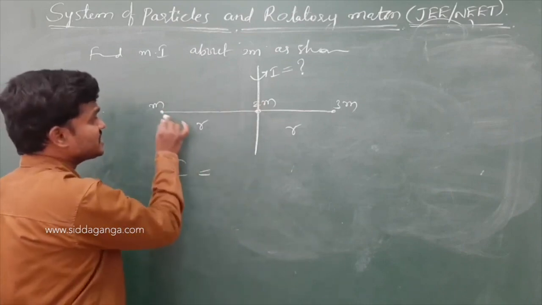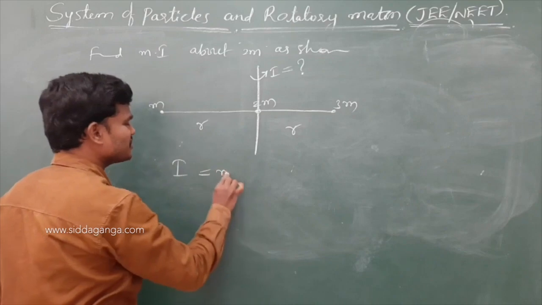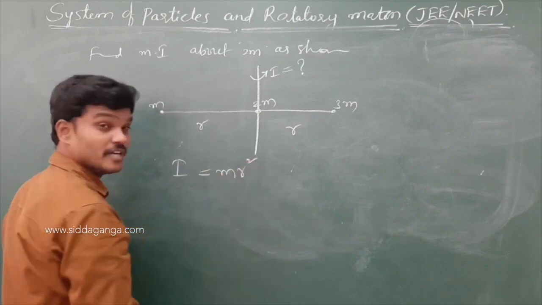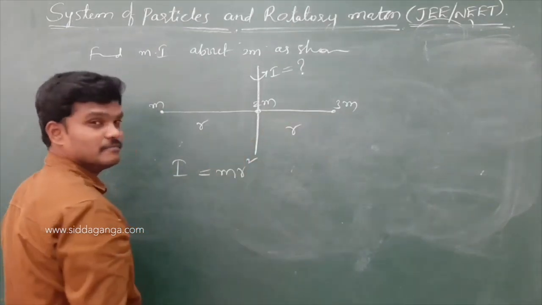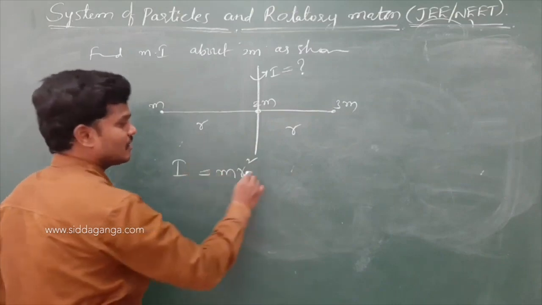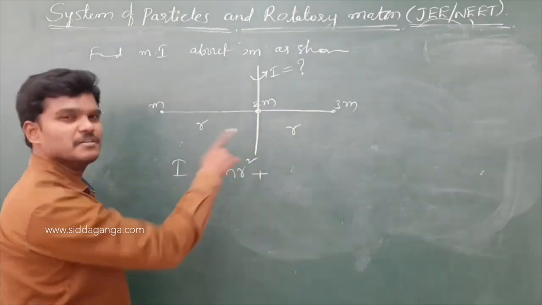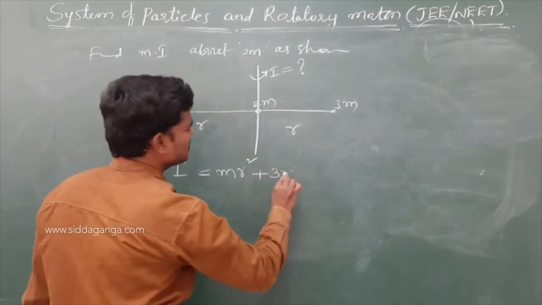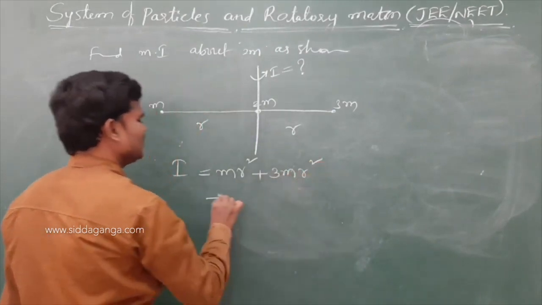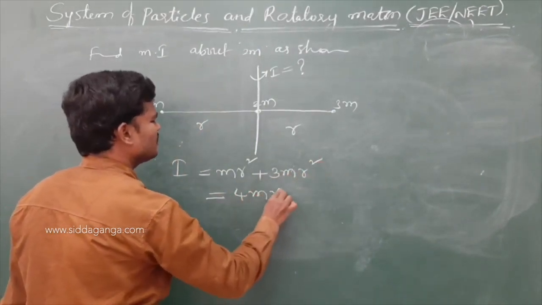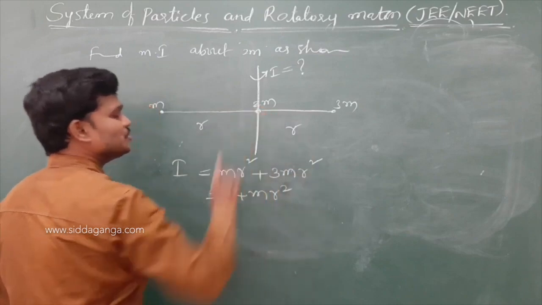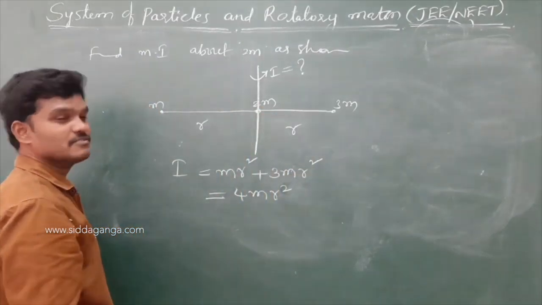But m is at a distance of r, so there will be a moment of inertia m r square. 3m is at a distance of again r, so 3m into r square. They may give anything, I am giving some examples here. So the moment of inertia about the 2m mass is 4 m r square.